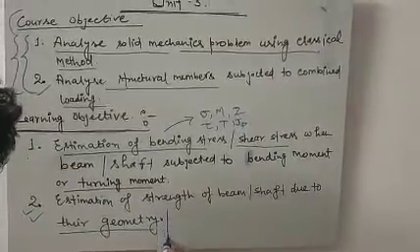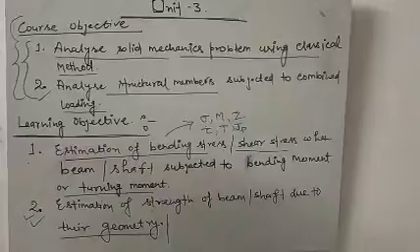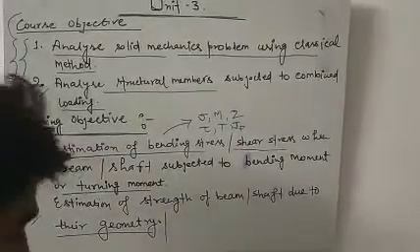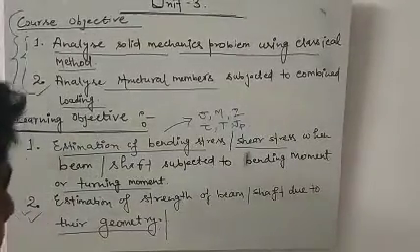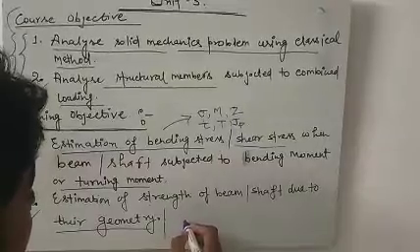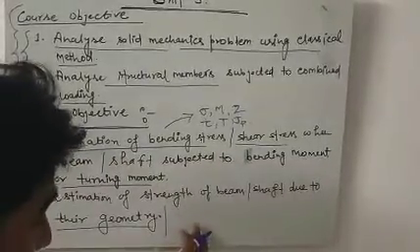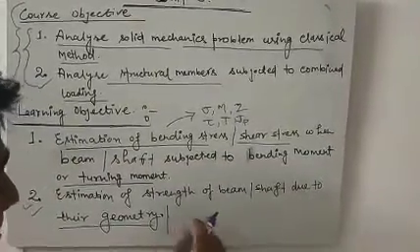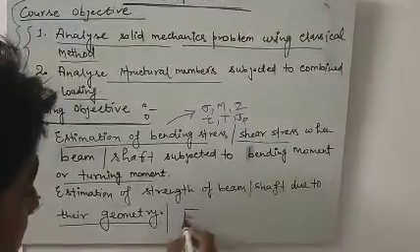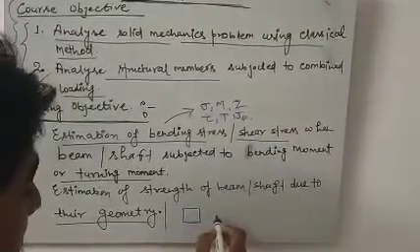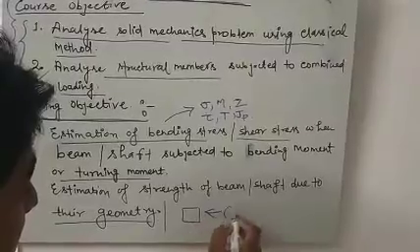Sometimes in practical application, in our daily life, we prefer to choose concrete beam of rectangular cross section over circular cross section.